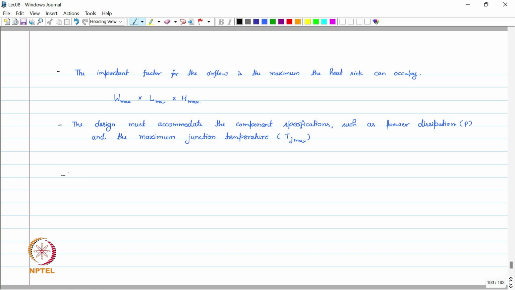The maximum weight of heat sink also plays a critical role in the design.